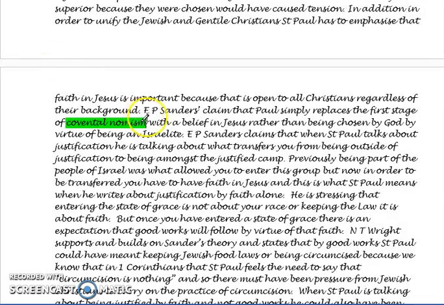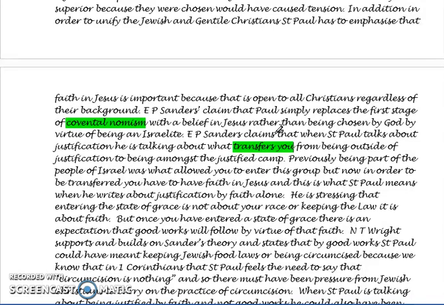And so that is how this new form of covenantal nomism is happening. And so when St. Paul talks in his letters about justification, he's talking about what transfers you, and that's the phrase E P Sanders uses, what transfers you from being outside of justification to inside of justification.